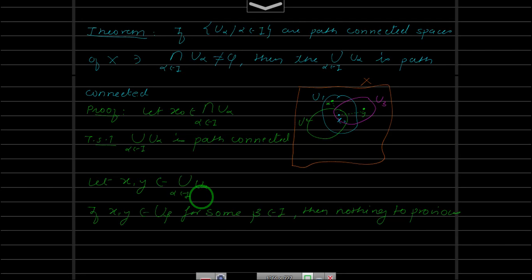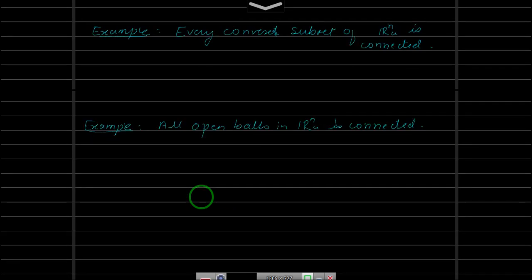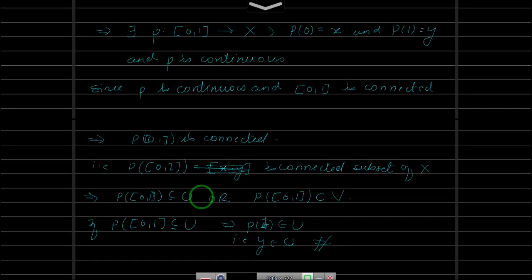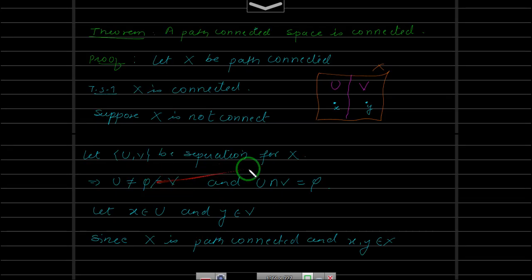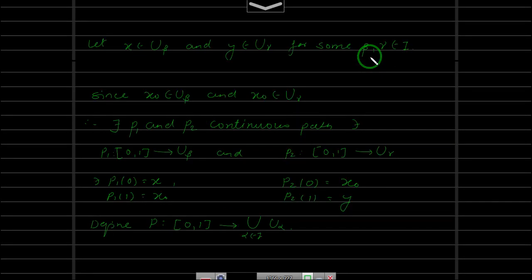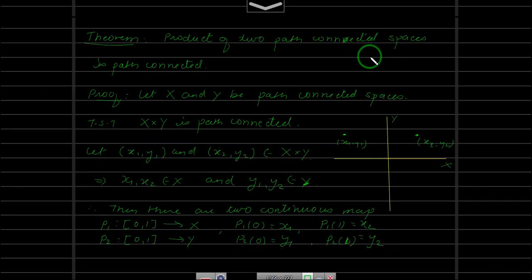Okay, so we have proved that every path connected space is connected. Let me give an exercise. The question is: is every connected space also path connected?